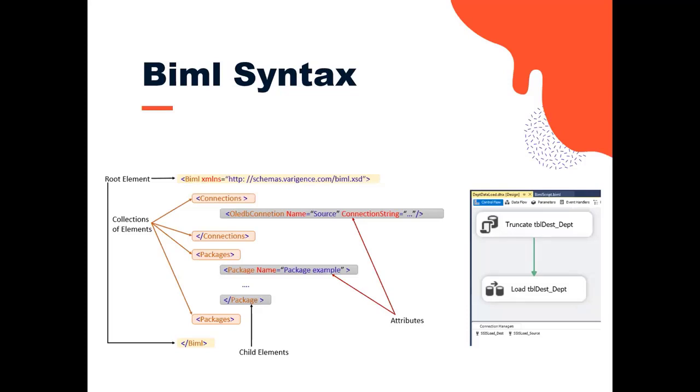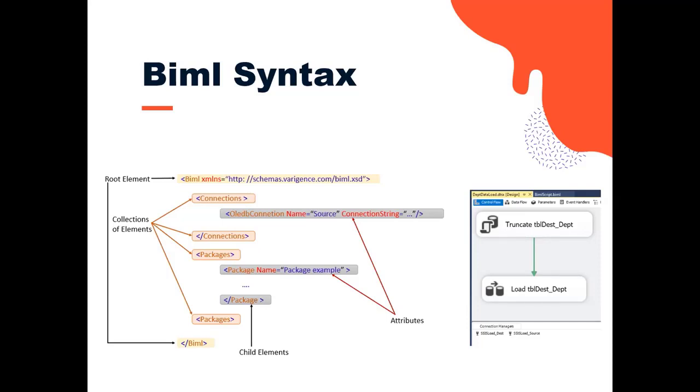Let's discuss some of the Biml syntaxes. Like I mentioned earlier, Biml is an XML language. We'll start here. I have mentioned what elements we can use here. We will start with the root element.